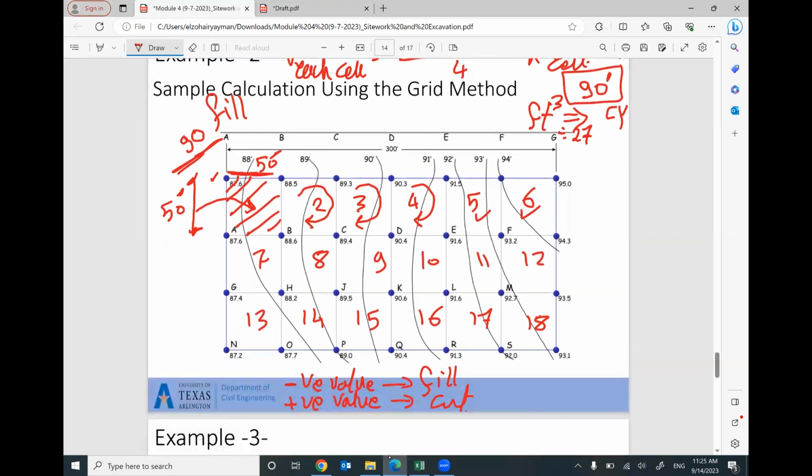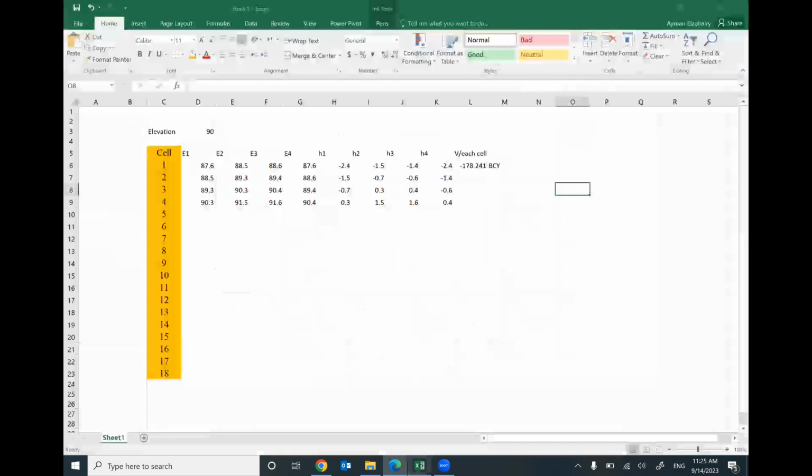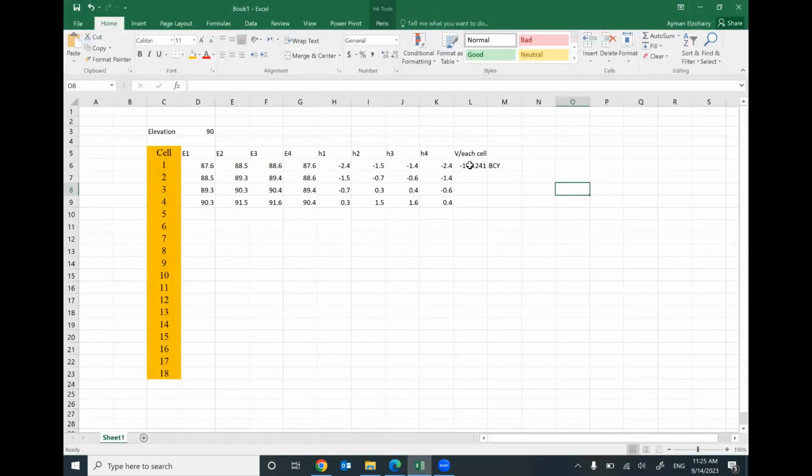I assumed if you have a negative value, that means you are filling. Why? Because if you subtract 87 minus 90, it will give you a negative number. A negative number means I need to add soil to reach 90. So if you got a negative value for your volume of soil, that means I need to add soil at this area.